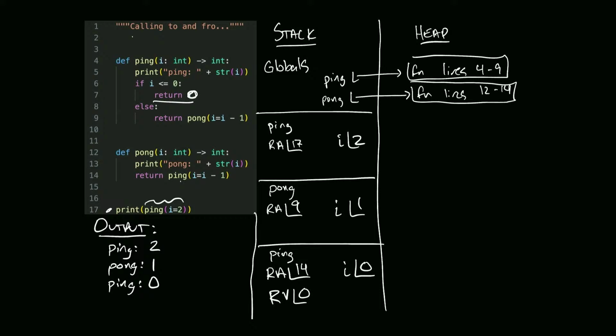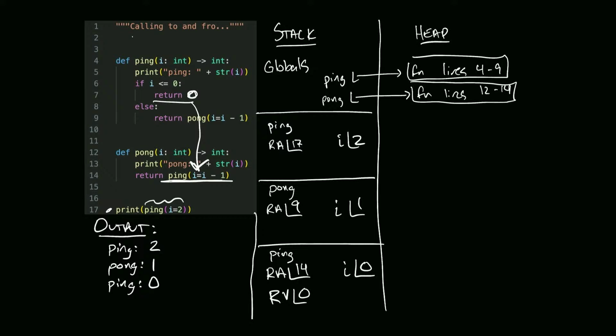And now we have the job of what do we do when a function returns? Well, we take that return value and we send it back to the line that the function call occurred on. In this case, we're in the frame where the return address is line 14, so we send 0 back to line 14. That's down here. This function called ping. We now know that that resulted in a value of 0.